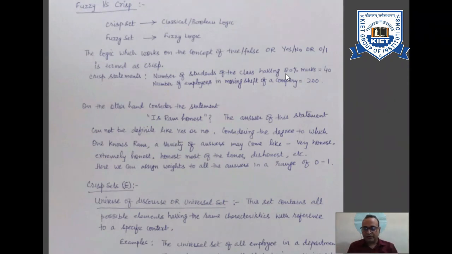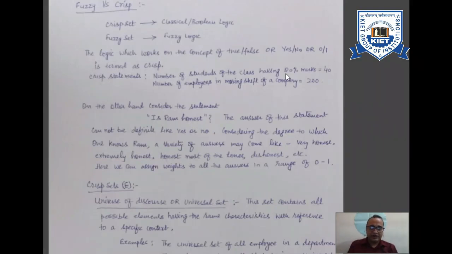So I know it very well. There are 200 employees who come to the organization in the morning shift, they are fixed. I get this information from the HR department. So once the information is complete, there is no imprecision, there is a sharp boundary, then that type of information is known as crisp information, a crisp statement.